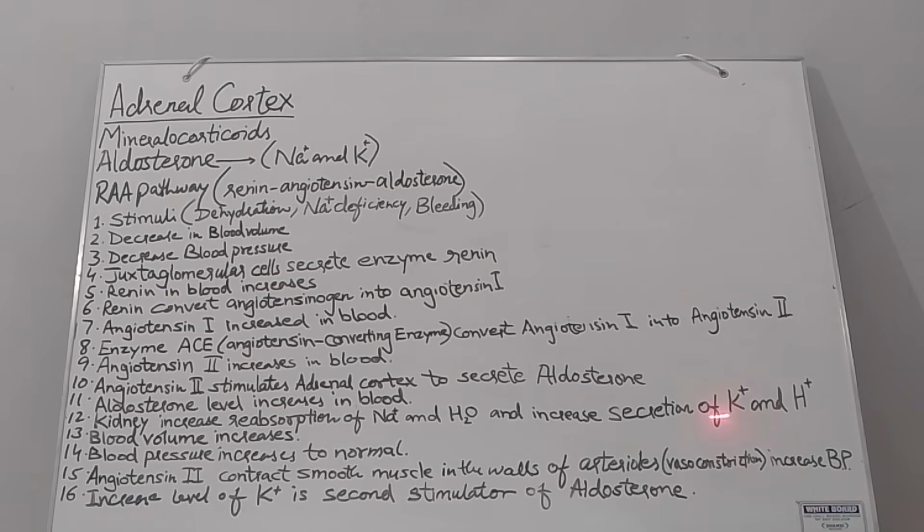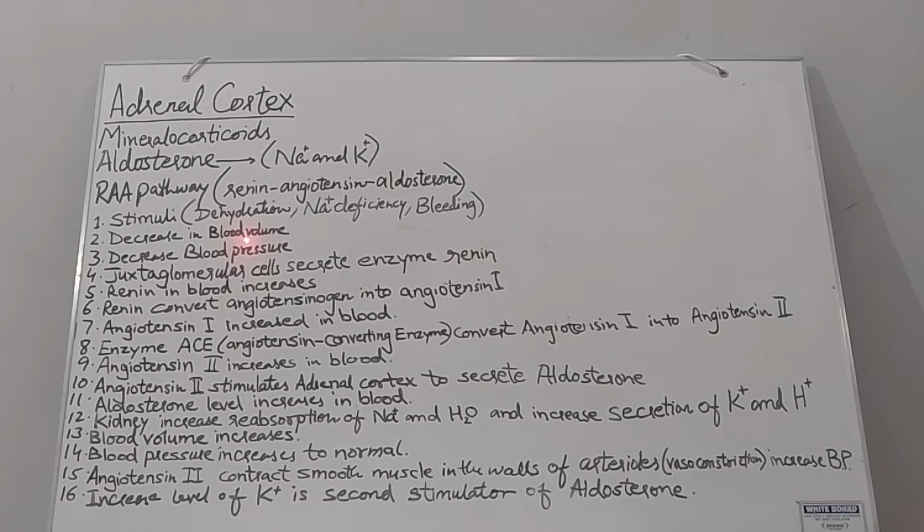urine. So at the same time the kidney performs two functions: the reabsorption of sodium and water, and the secretion of potassium and hydrogen. As a result of this action of the kidney, the blood volume will increase. The first stimulus was that blood volume was decreased.